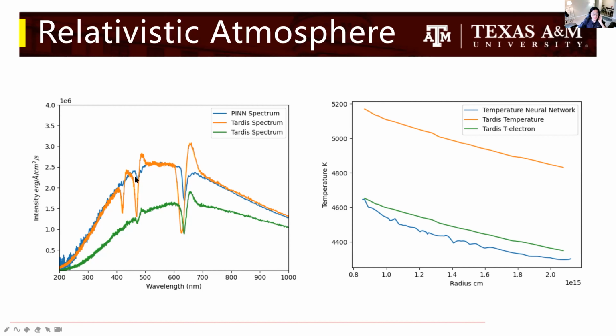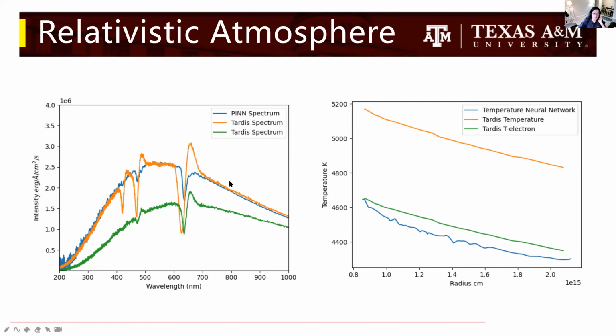We can see the line strength, which is here and here, from our physics-informed neural network is weaker compared to that in TARDIS. And we missed the emission part of the spectral lines in our physics-informed neural network.